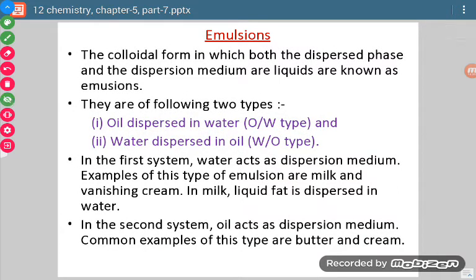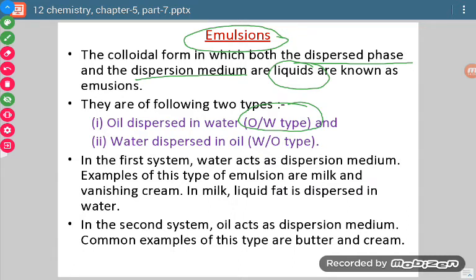Now one more type of colloidal sol is termed an emulsion. Now what are emulsions? As we know, there are two components of a colloidal sol: one is the dispersed phase, another is the dispersion medium. In case both components are liquids, they form a colloid called an emulsion. They are of two types, oil in water type.